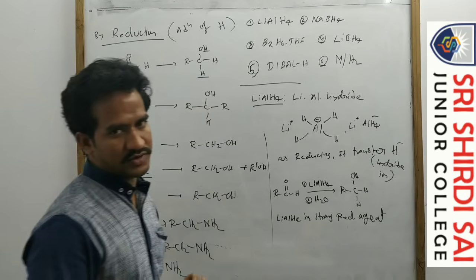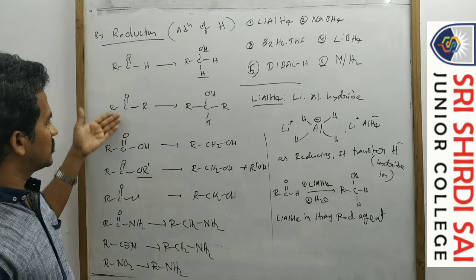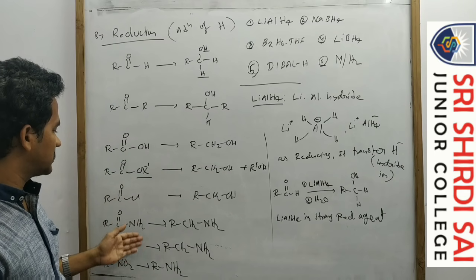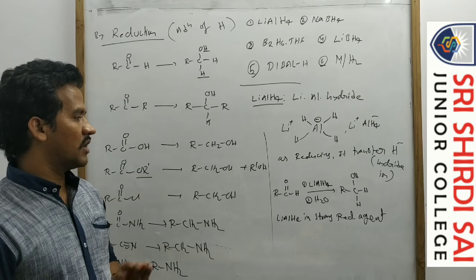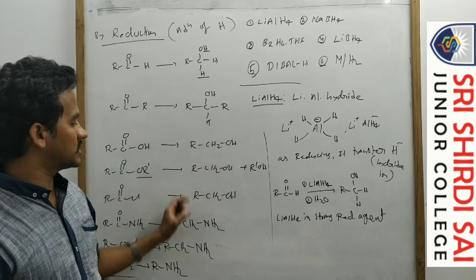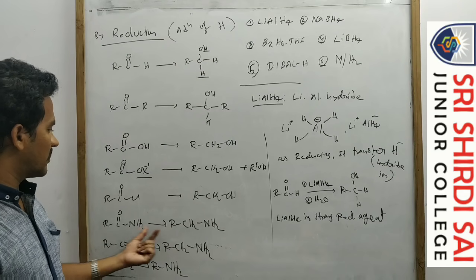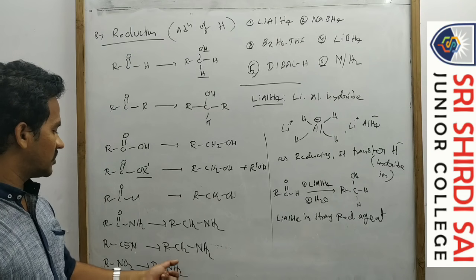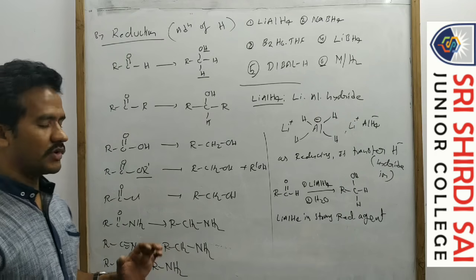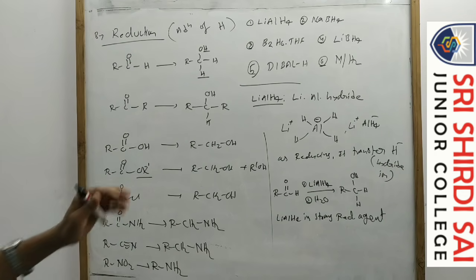It reduces all the given compounds: aldehydes, ketones, acids, esters, acid halides, amides, cyanides, and nitro compounds. All are reduced into alcohols, but the amides, cyanides, and nitro compounds are converted to amines. So that's it. First, write this one.